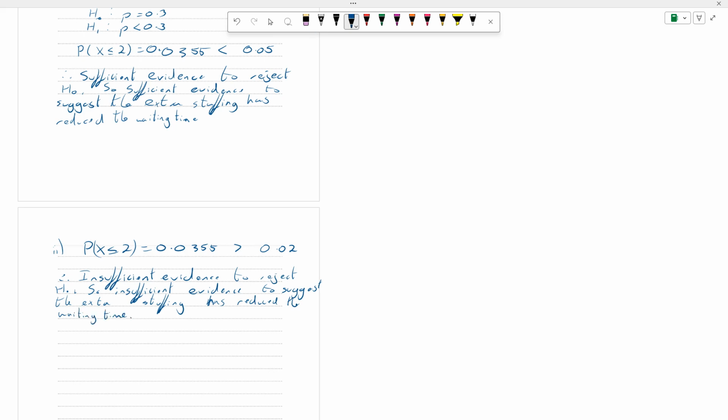Okay, so only 2 marks there because we've already done the hard work at the beginning. I just had to compare it to 2%, not 1%.